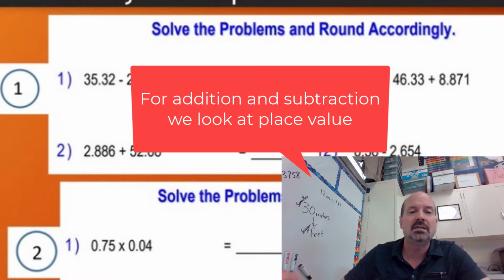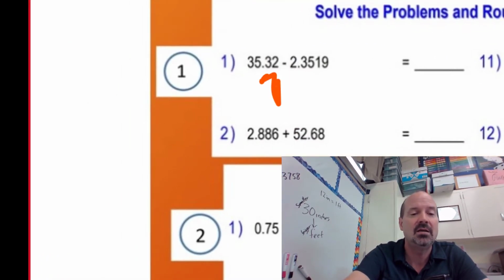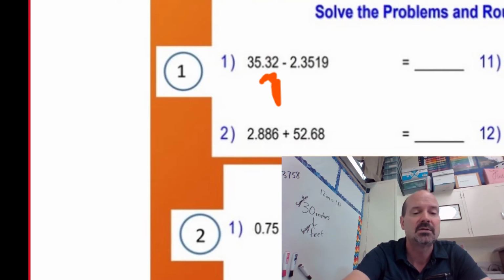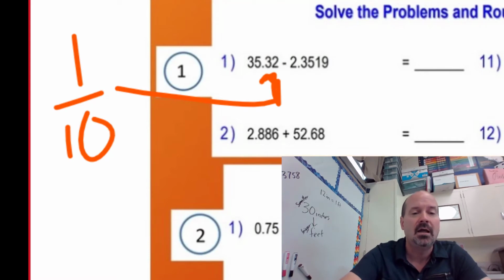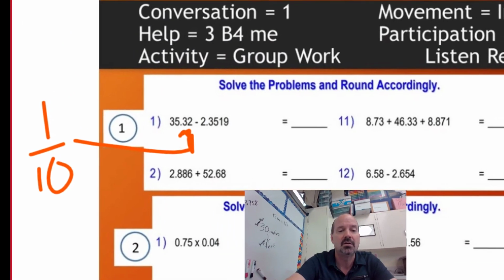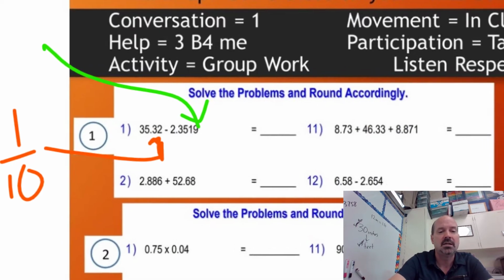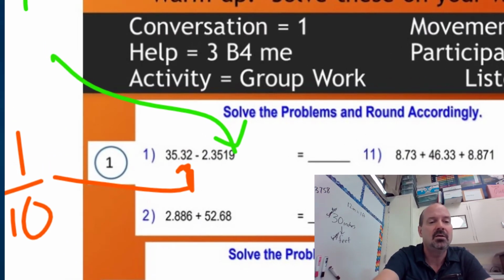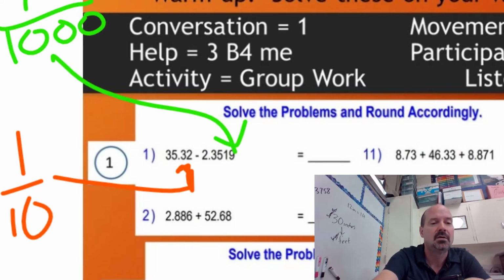So, what is the place value of the last significant digit here, this 2 at the end? It's in the tenths. And then the place value of the 9 at the end of the 2.3519 is in the 10,000ths.